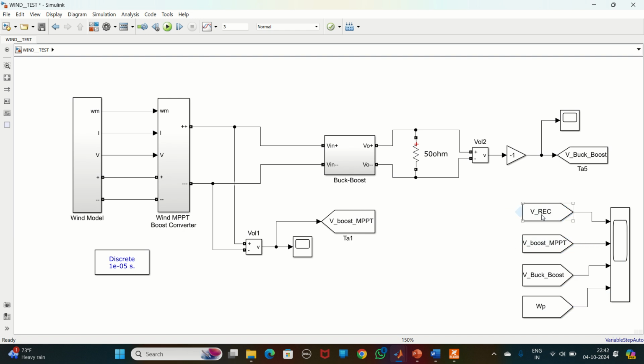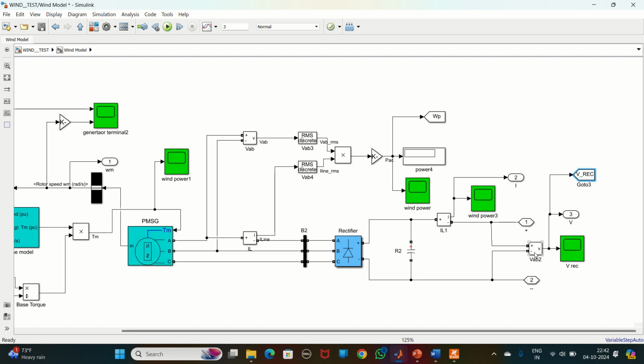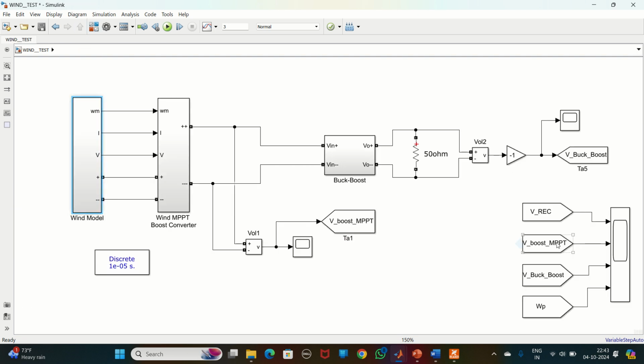That is, one is the rectifier voltage, and another one is the boost voltage. After MPPT, then the buck boost voltage, and then power. All these things you have to calculate and measure. Fine.